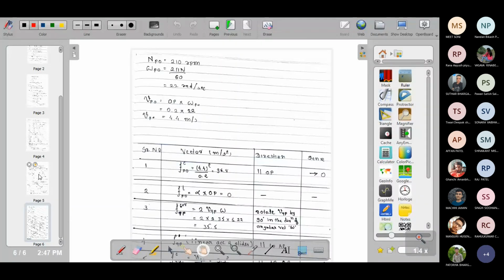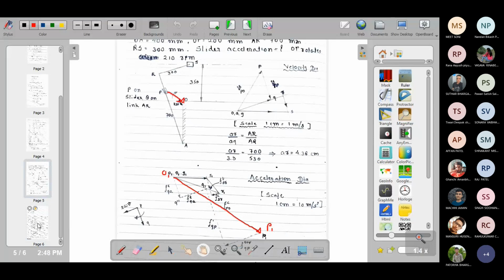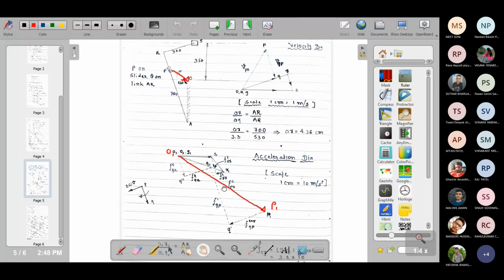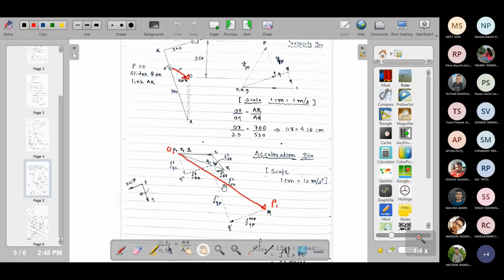Now Coriolis component, how will you find its direction? You have got the magnitude. Now how will you find its direction? Can anyone tell? Any student? Perpendicular, sir. Perpendicular to AR, not AR, this vector. This vector, it is in this direction.